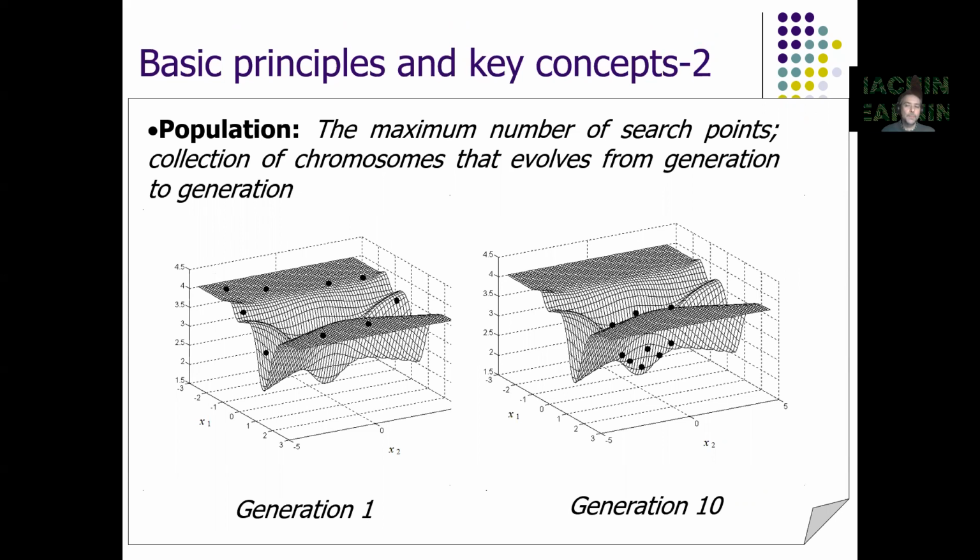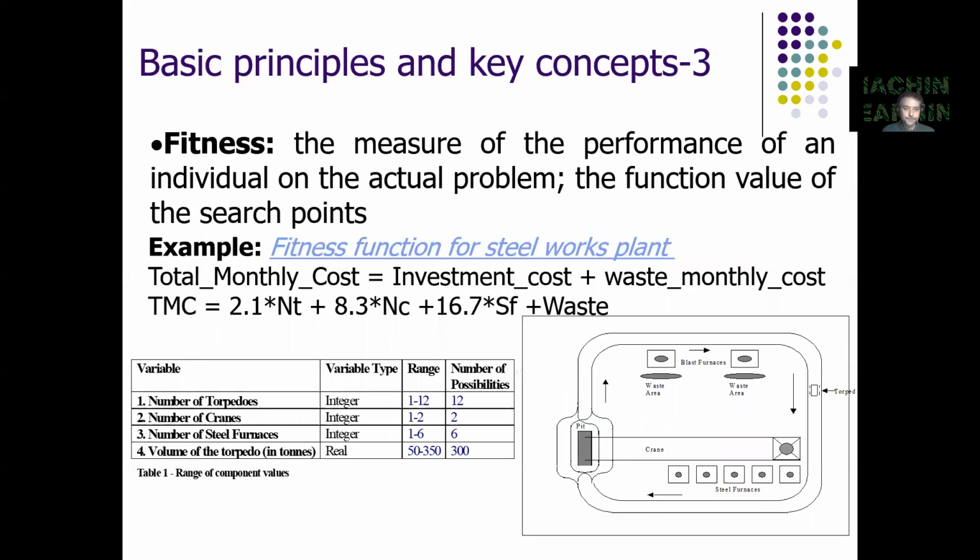And through the process of reproduction, crossover and mutation, and evaluation of the fitness of the individuals, gradually the GA is going to move the different members of the population towards a global minimum. And the global minimum you can see here in generation 10, the points start moving towards the global minimum, which is at the center of the figure around the point 0,0.